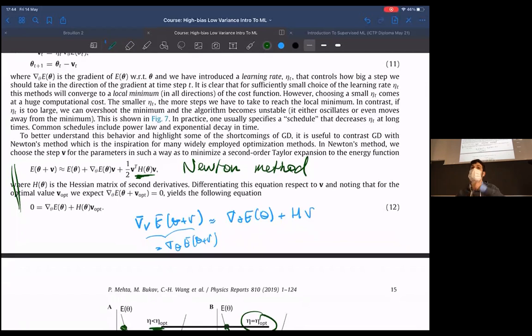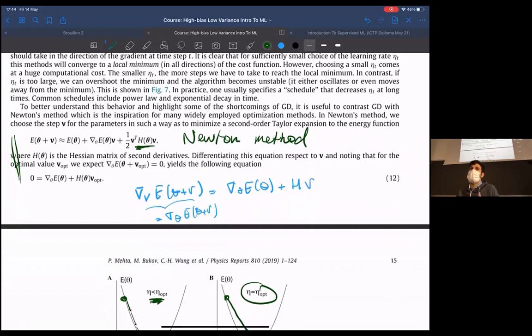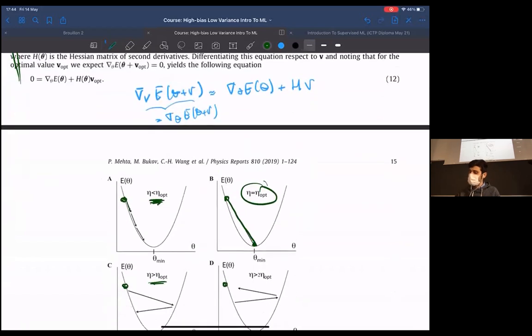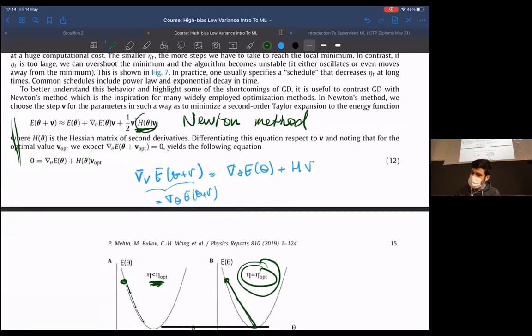But why is that not used? Why do people not use the Newton method if I am telling you that it is a way to automatically find the optimal learning rate and therefore find the closest local minimum in just one step? The reason is that computing the Hessian, this second order derivative, is super costly. The Hessian is a p by p matrix, where p is large, the number of parameters that we are trying to infer.